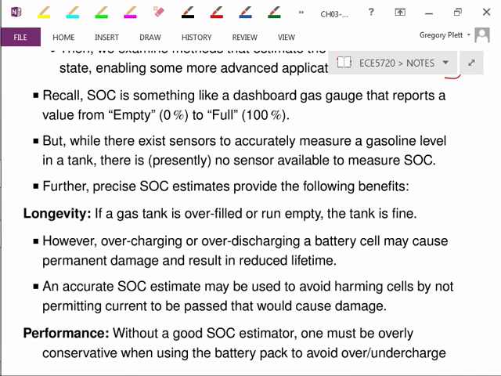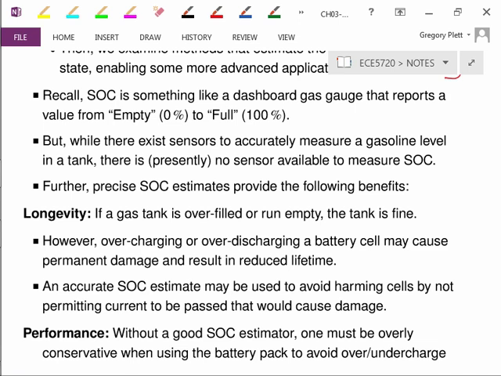In a gas vehicle, there is a fuel tank, and there's a way to pretty much directly measure the gasoline level in the tank, essentially just putting a float in the tank and measuring the height of the float. But there's no such sensor available to measure state of charge. I can't put a float in a battery cell and somehow measure the height of the float.